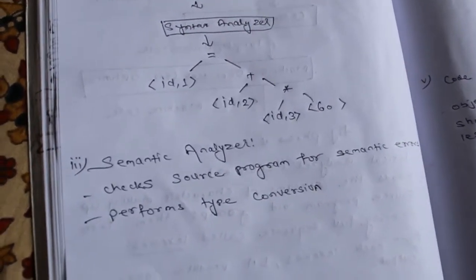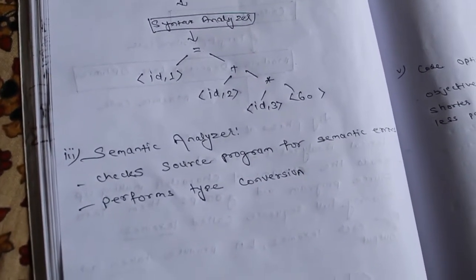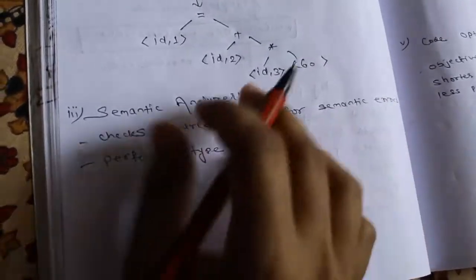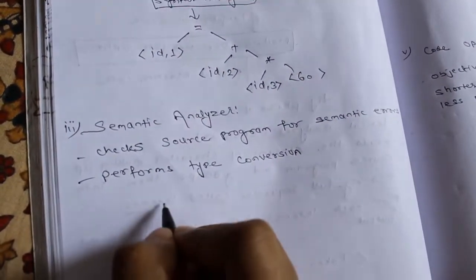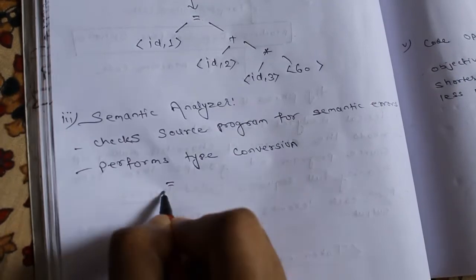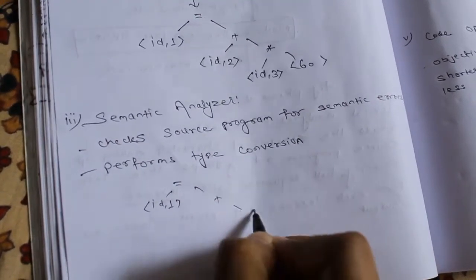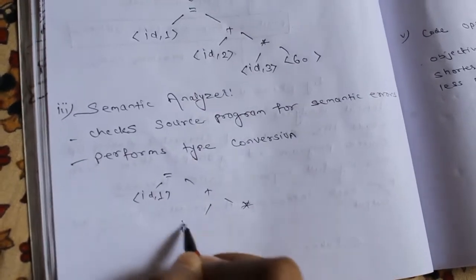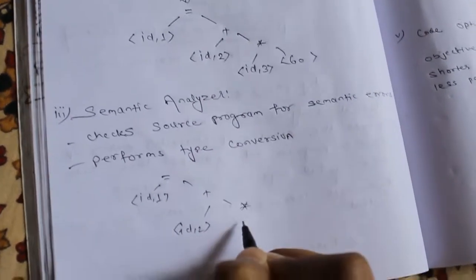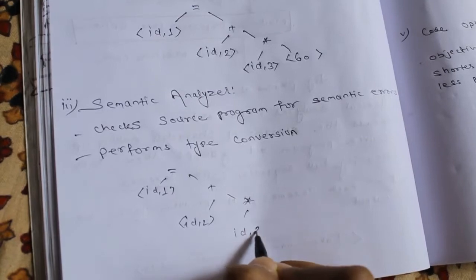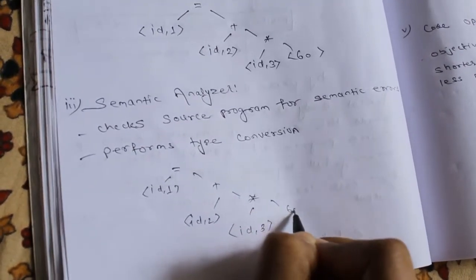For example, we have taken the syntax tree. As it is, we will write here the syntax tree, same as the input, id2 and id3, 60.